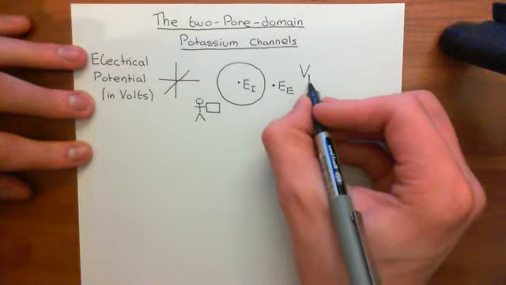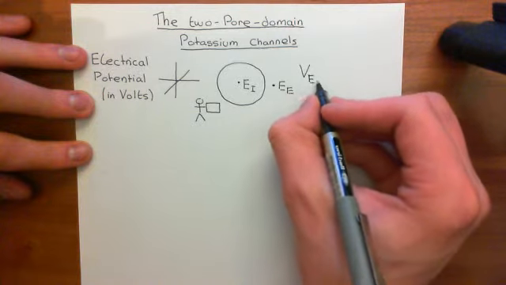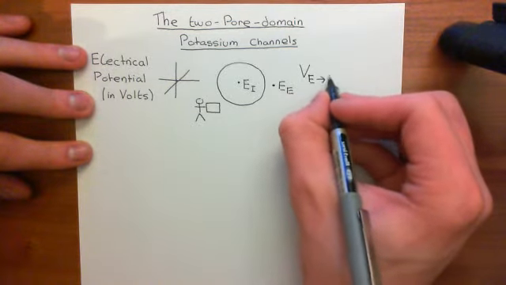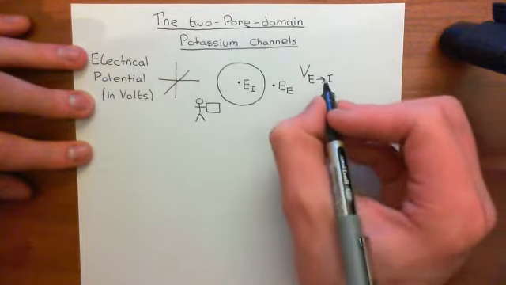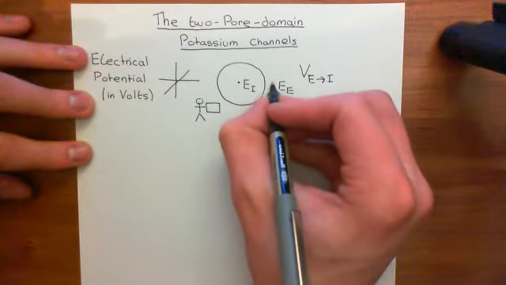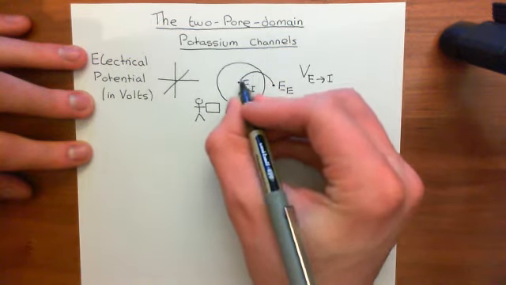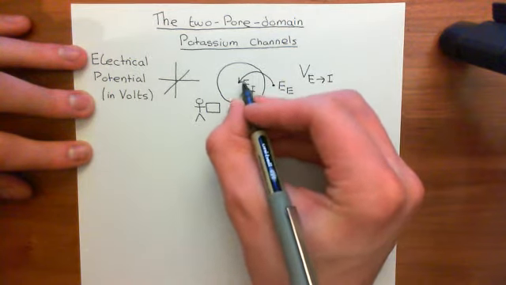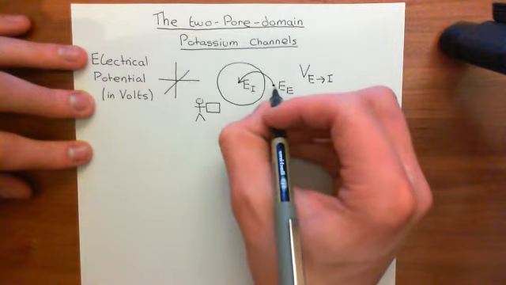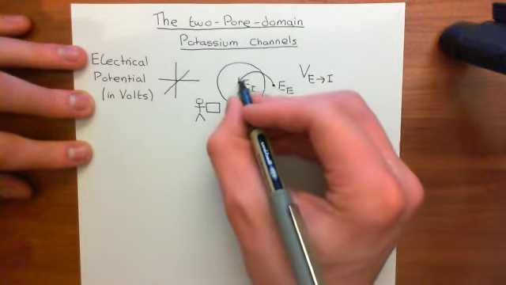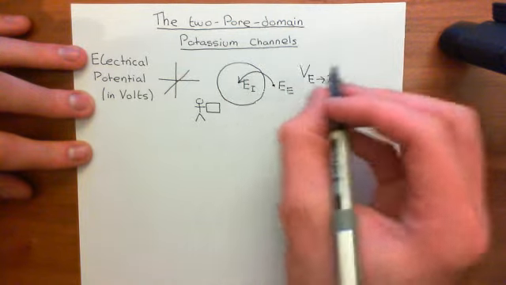They should say from extracellular to intracellular. Strictly speaking, people should say the electrical potential difference across the cell membrane from extracellular to intracellular, or the voltage across the cell membrane from extracellular to intracellular.